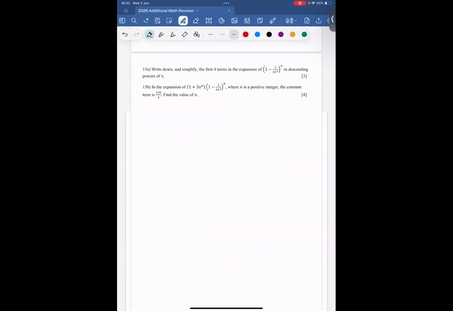Okay, right now the first four terms. So n choose 0, 1 to the power n, negative 1 over 2x cubed to the power 0.